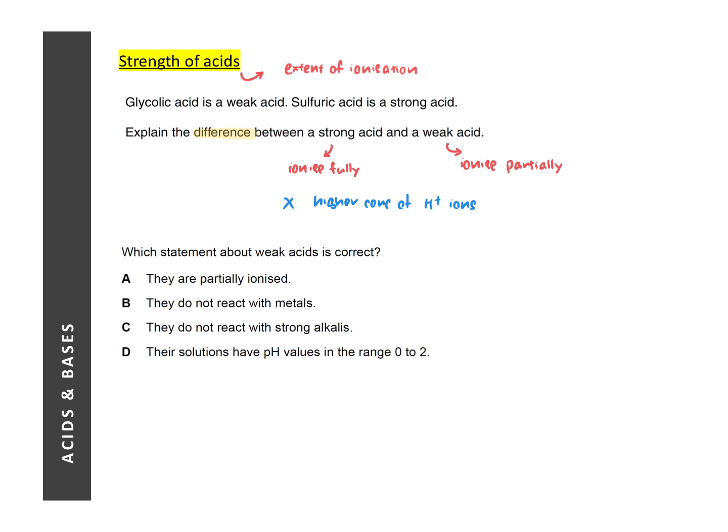However, if there's no mention of the initial concentration, you cannot assume that a strong acid will give a higher concentration of hydrogen ions. Another common one is that the pH of a strong acid will be lower than that of a weak acid. Again, that depends on the initial concentration of your acid.